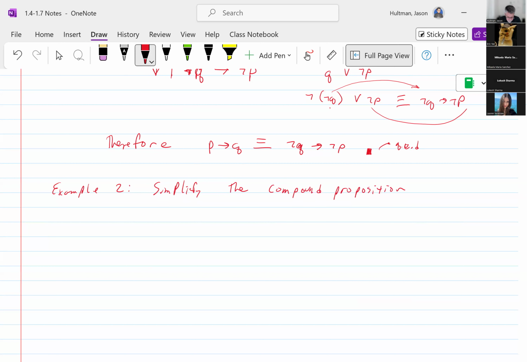So I'm going to simplify the compound proposition: not (P or Q), or (not P and Q).